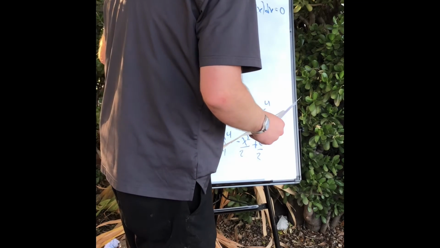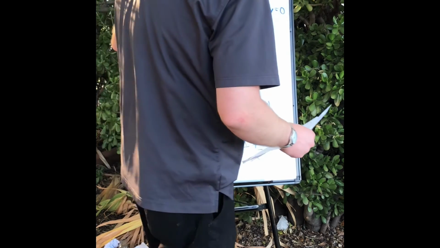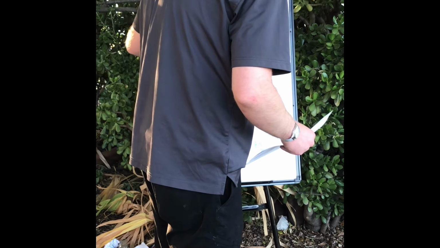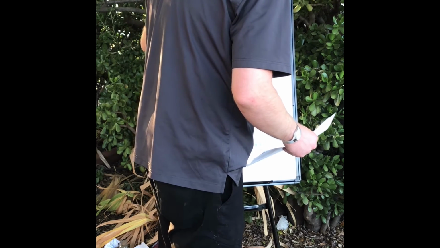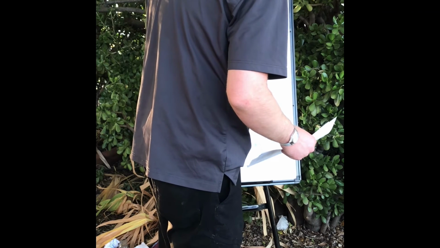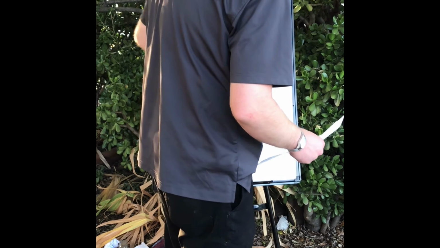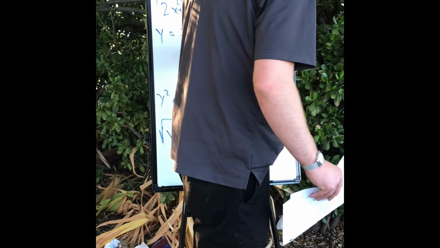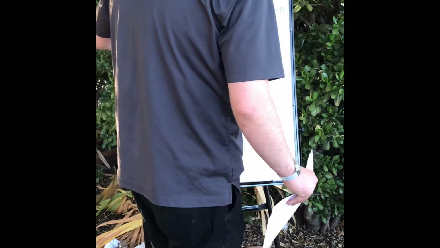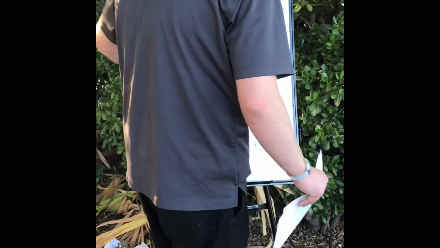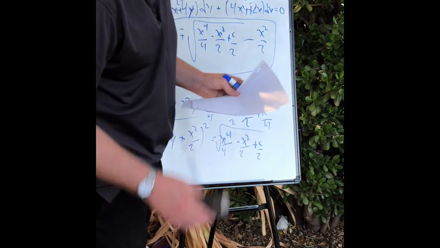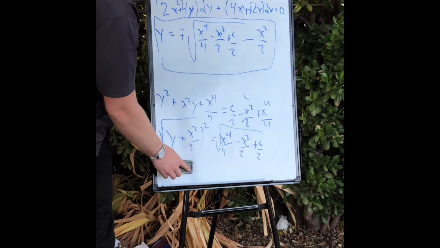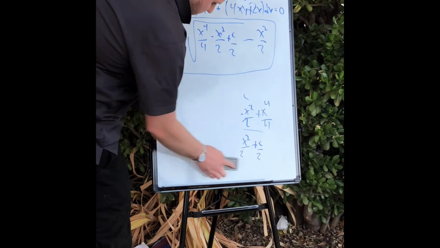So we get y is equal to the positive or negative square root of x to the 4th over 4 minus x squared over 2 plus c over 2, minus x squared over 2. And that's the function of that, what we're looking for. That's going to give us this del m del x, our differential equation.